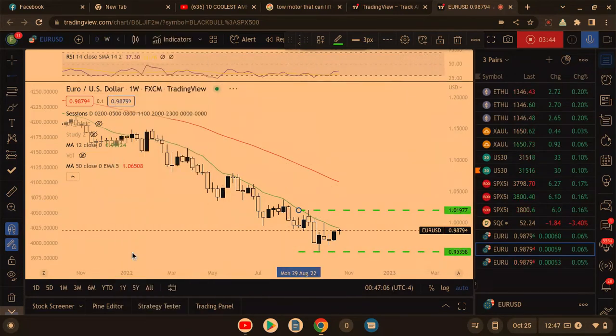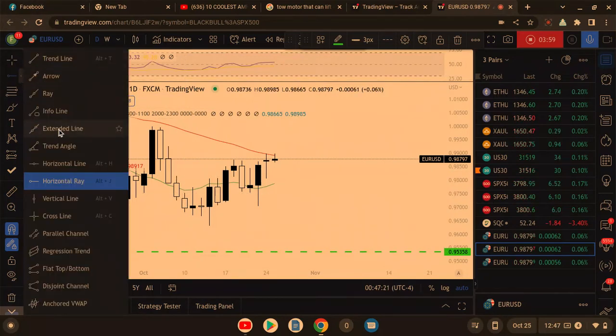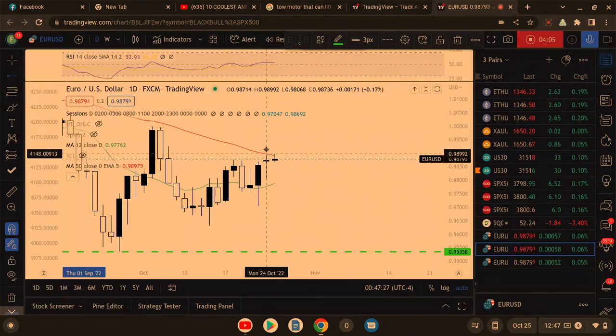Okay. Go over to the daily, and we use Monday and Tuesday's range as a guide for initial balance. Okay. I like to mark those ranges. To be clear, this is Monday.